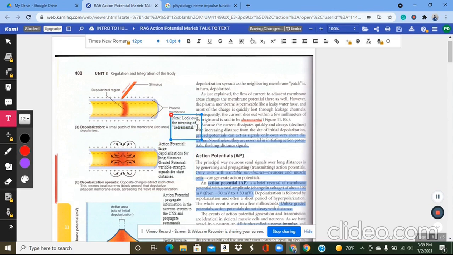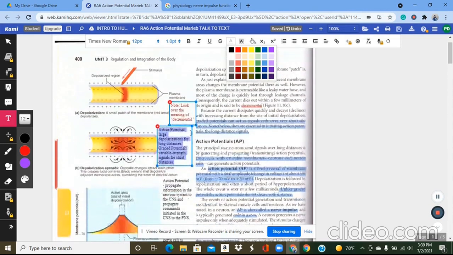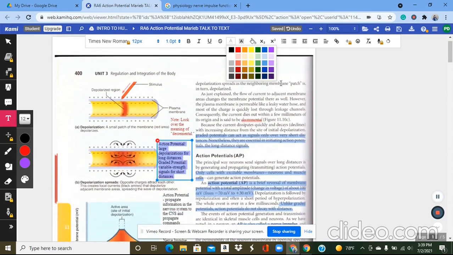This should be highlighted red because I need to look up the meaning of decremental first. Any text that is colored blue should have a connection with the highlighted text.